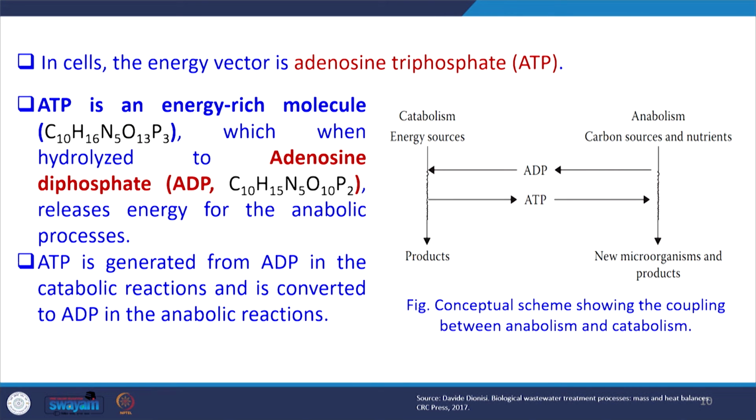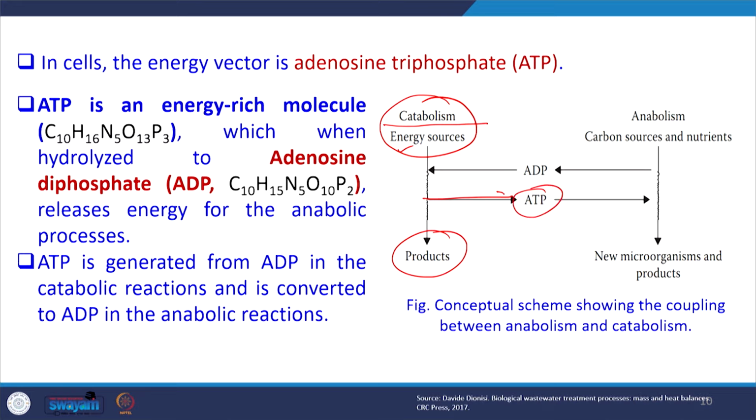Now, inside the cells, the most important energy vector is ATP, which is adenosine triphosphate. This adenosine triphosphate gets formed during the catabolism energy reaction. So, we have a lot of energy sources, the catabolism reaction happens, we have some products which get formed, but ATP also gets formed.